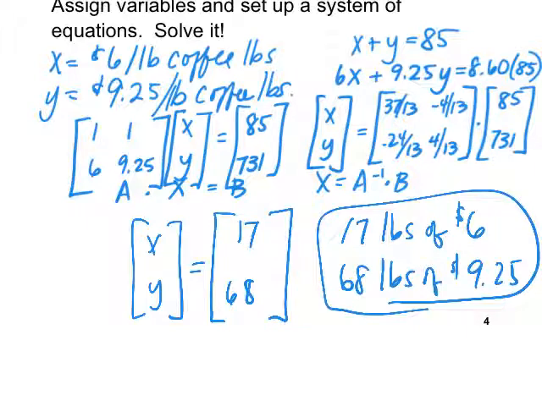So remember, you were doing 37/13 times 85 plus negative 4/13 times 731. That gets you the 17. And then negative 24/13 times 85 plus 4/13 times 731 gets you the 68. And you can do that by hand like we just did, or using the calculator matrix menu.